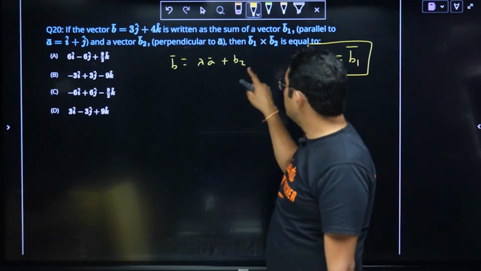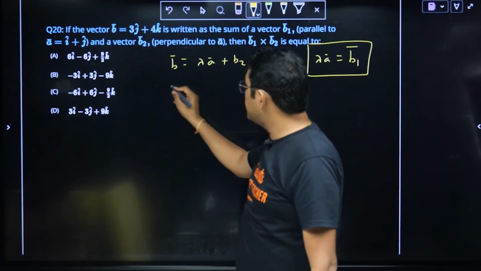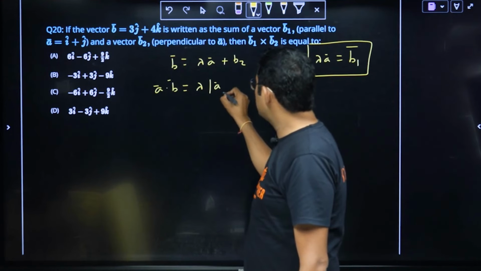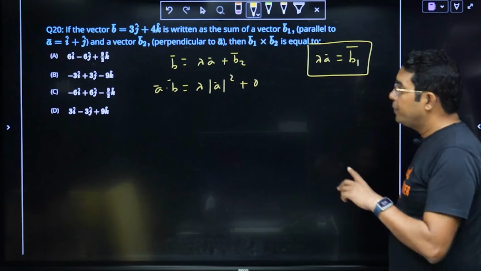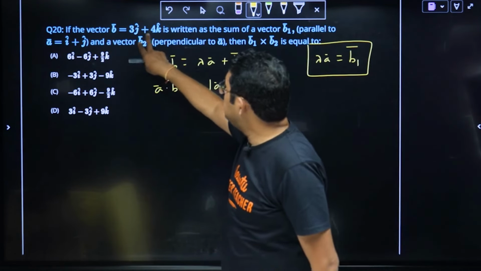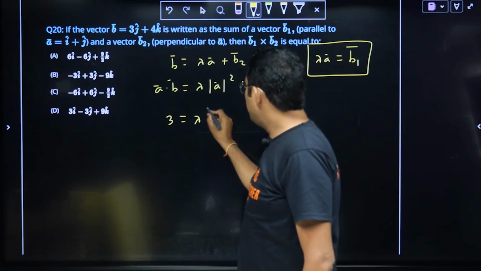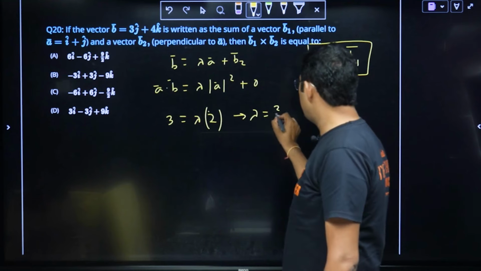Okay, now because B2 is perpendicular to A, if I take dot product of A on both sides, A dot B will be equal to lambda into mod A square plus 0, because B2 is perpendicular to A. Now A dot B is what? Because A is i plus j and B is 3j plus 4k, taking dot will give you just 3 here. Okay, and mod A square is 2 actually. So the value of lambda is equal to 3 by 2.